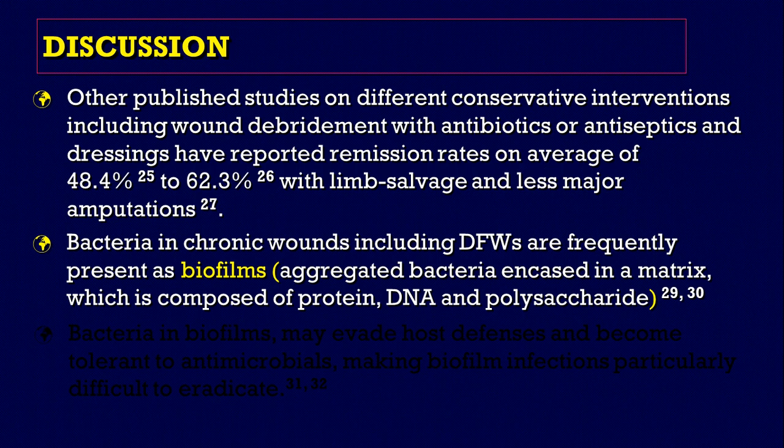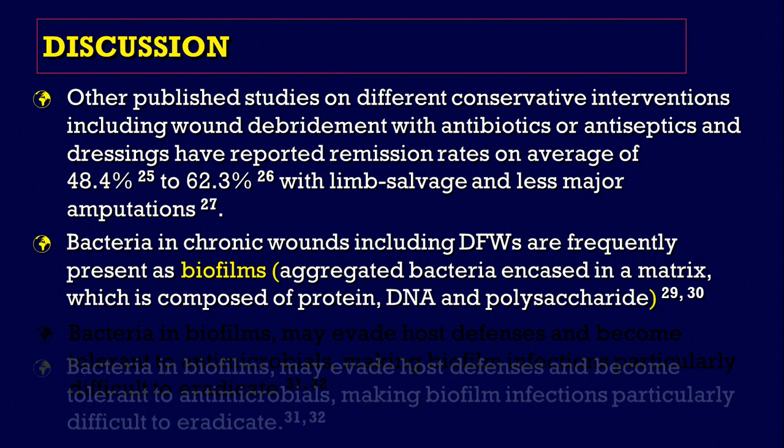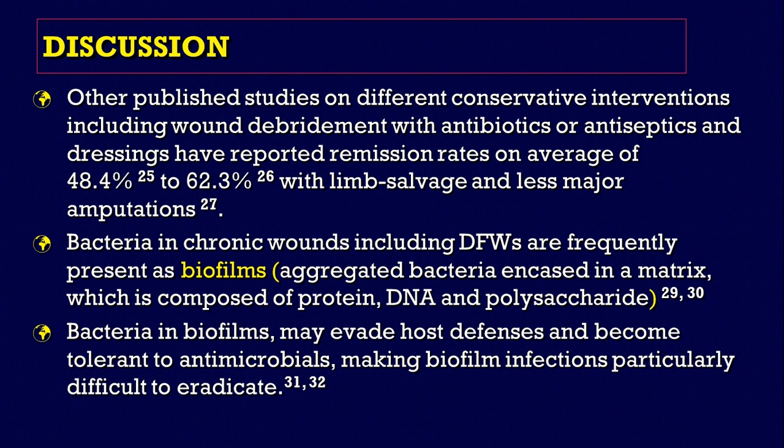Bacteria in chronic wounds, including diabetic foot wounds, are frequently present as biofilms, which are aggregated bacteria encased in a matrix which is composed of protein, DNA, and polysaccharides. Bacteria in biofilms may evade host defenses and become tolerant to antimicrobials, making biofilm infections particularly difficult to eradicate.